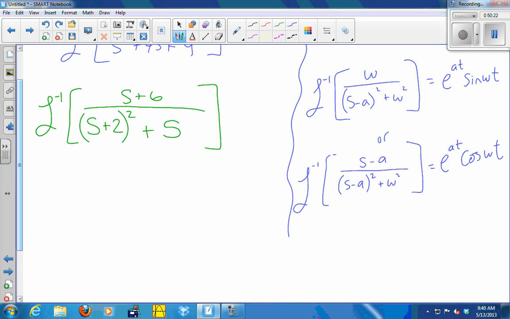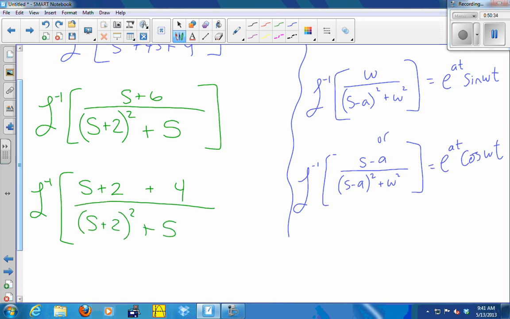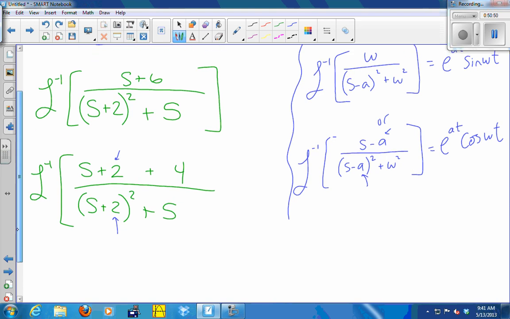So I'm going to rewrite my numerator as s plus 2 plus 4, because I wanted this to match this, in order to make it look like what's in the table. The a here and the a here have to be the same. So instead of s plus 6, I wrote s plus 2 plus 4.